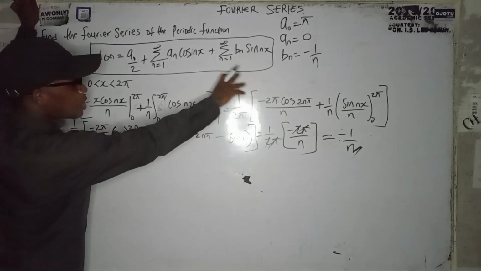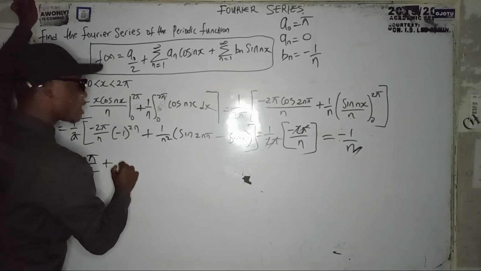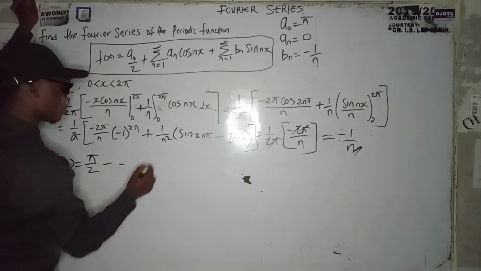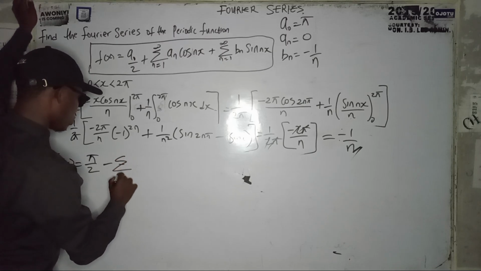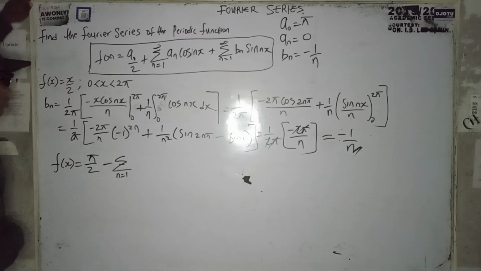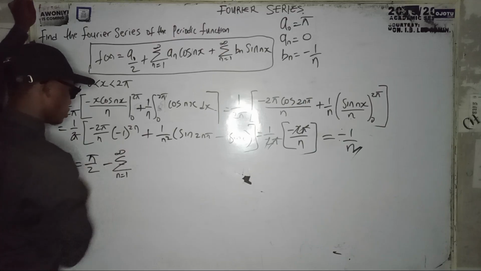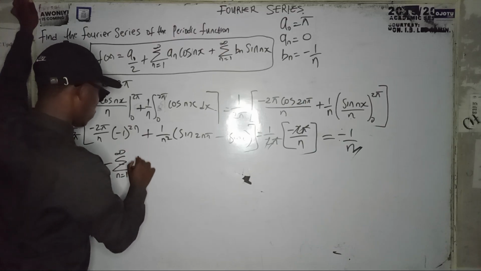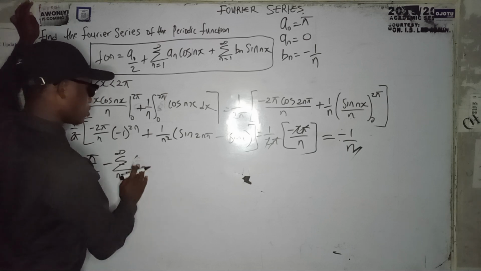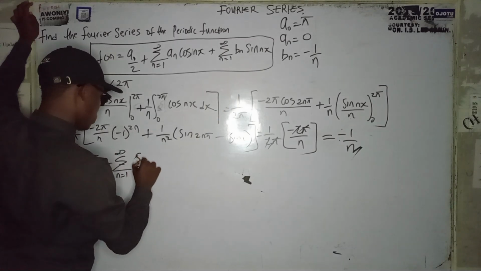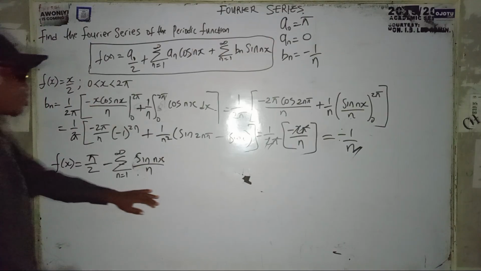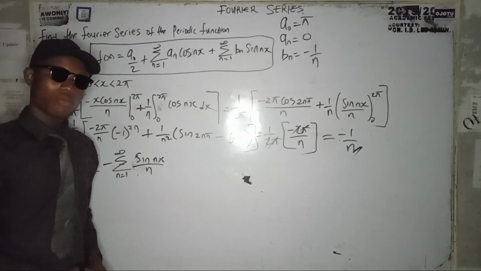Then our bn is minus 1 over n. So this minus times plus will cancel. We have minus the summation from n equals 1 to infinity of 1 over n, or in other words, you can just put it as sine nx over n. So now this is the Fourier series form of solving it.